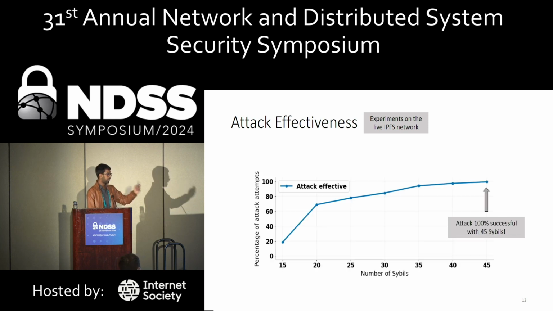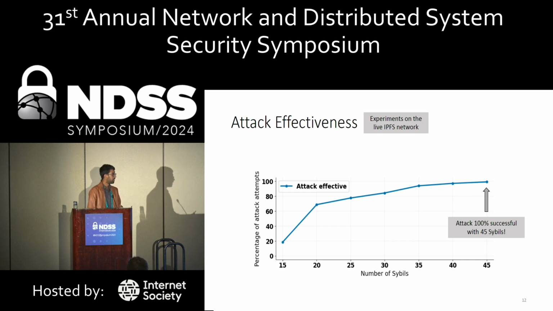What I'll show you here is, as we vary the number of Sybil nodes that the adversary launches, what percentage of the attempted attacks are actually effective. The attack is considered effective if the downloader is indeed unable to obtain the provider record.